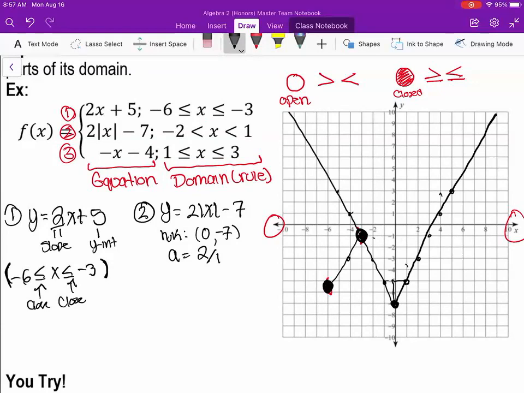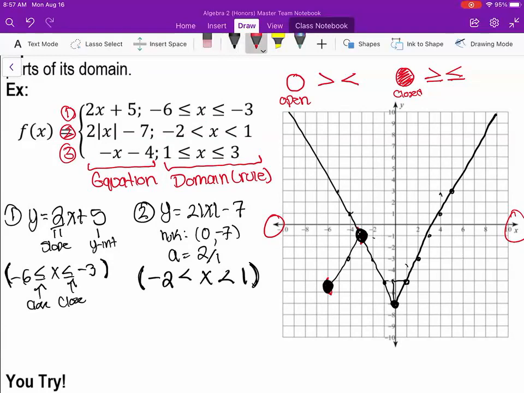Well, that's my absolute value function. However, I have a domain rule, which again, it's a restriction. My restriction is -2 is less than x, which is less than 1. Okay, well, again, I have two numbers, which means I have a left boundary and I have a right boundary. Let's go ahead and find those two boundaries.